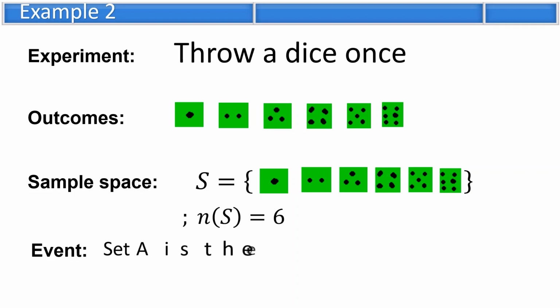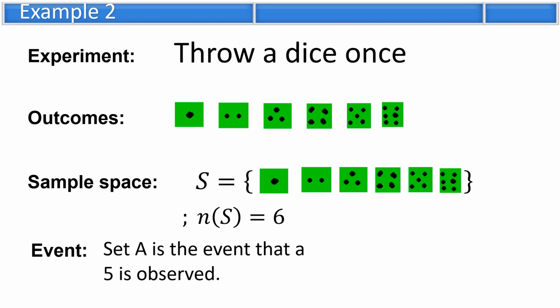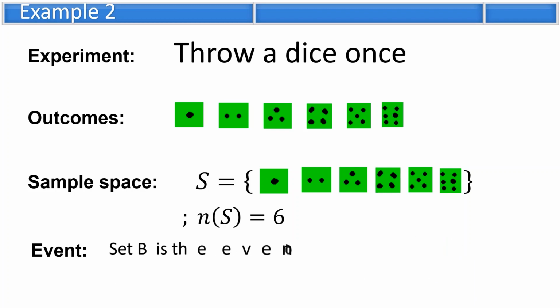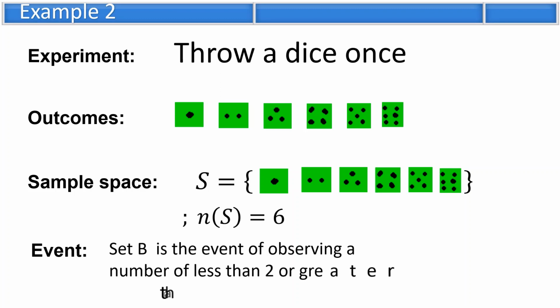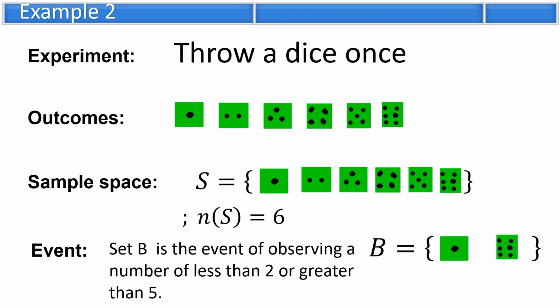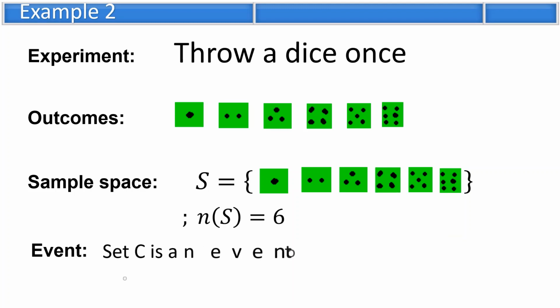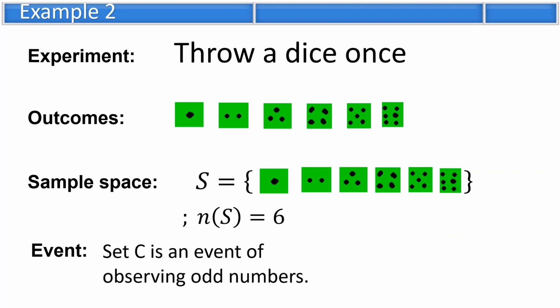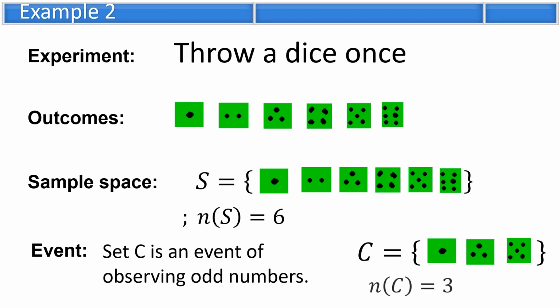Set A is the event that a 5 is observed. Then set A consists of the element 5. N of A is 1. Set B is the event of observing a number less than 2 or greater than 5. Set B consists of the elements 1 and 6. N of B is 2. Set C is an event of observing odd numbers. Set C consists of the elements 1, 3, and 5. N of C is 3.